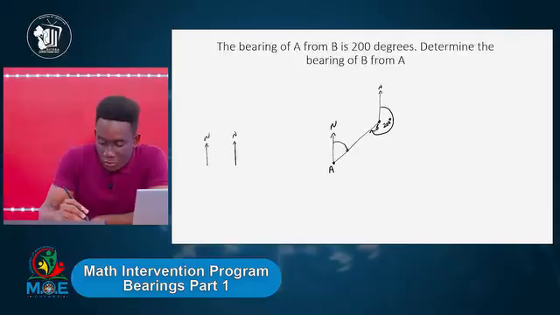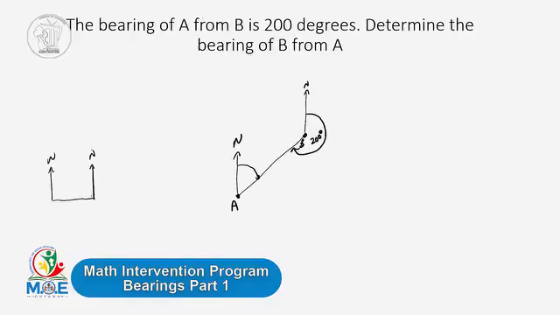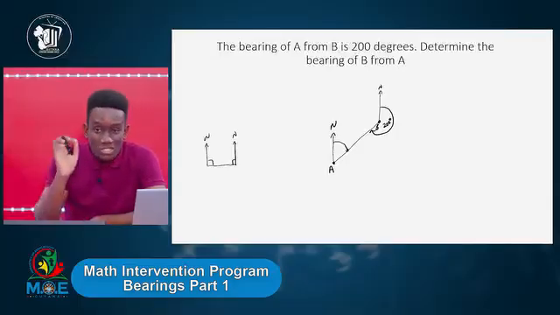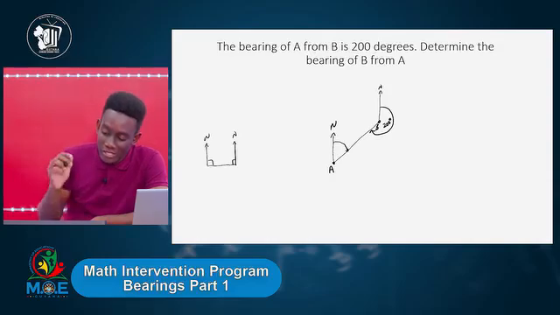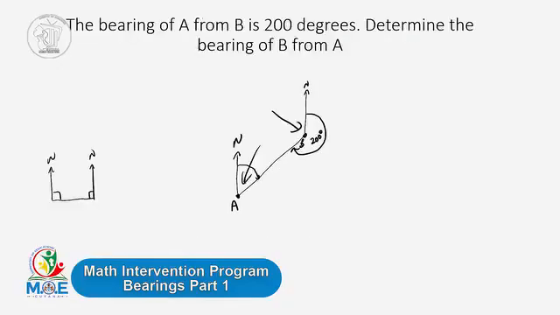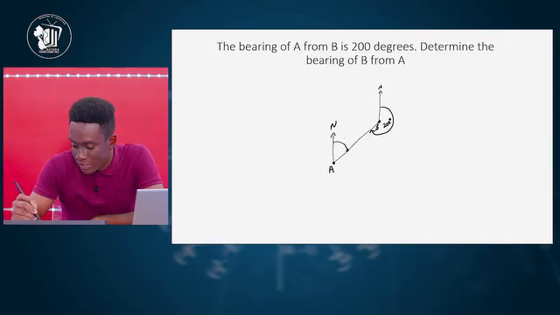Since you have 2 north lines, those 2 lines are parallel to each other, and we have a line drawn across from one north line to the other. The relationship between these 2 angles is that they are supplementary, meaning they add up to 180 degrees. So if we can find this angle here, then we can use that to find this angle here, and that would answer the question.